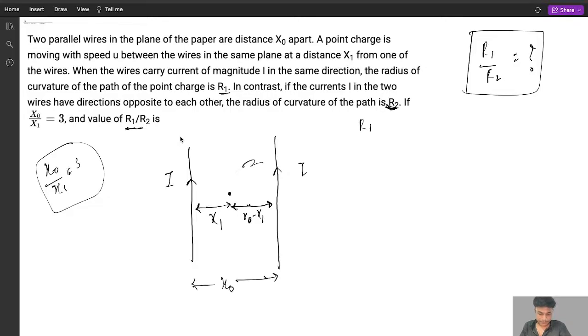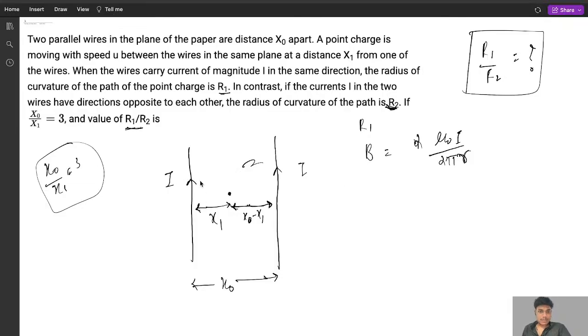So first, what is the magnetic field due to a straight infinite current carrying wire? That is B is equal to mu naught I upon 2 pi r, where r is the distance of the point, right?